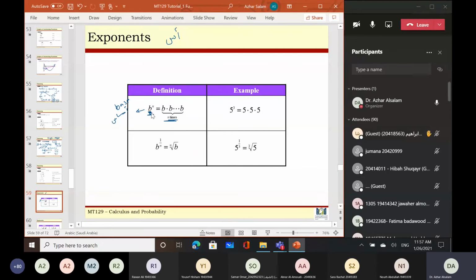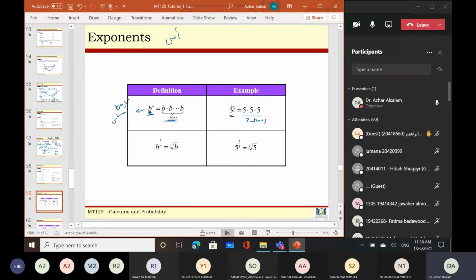As an example, 5 to the power 3 means that is 5 multiplied by itself 3 times. Okay, this is 3 times.